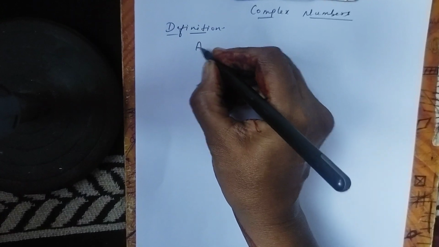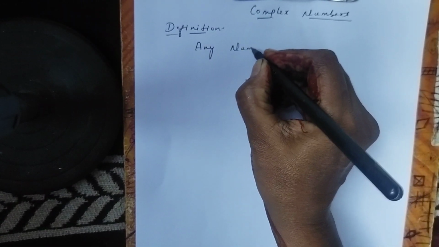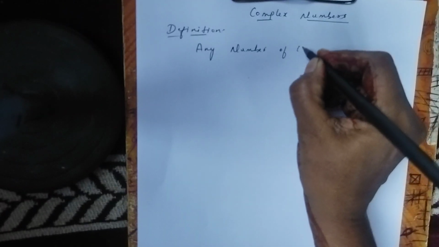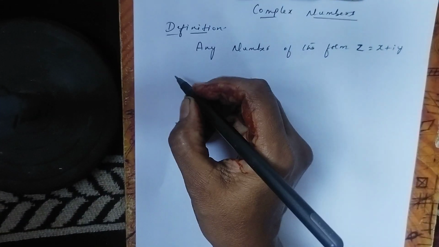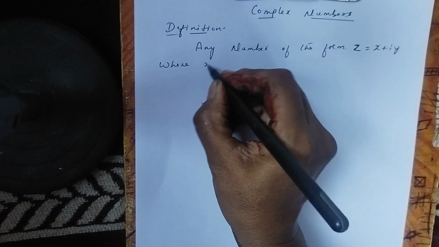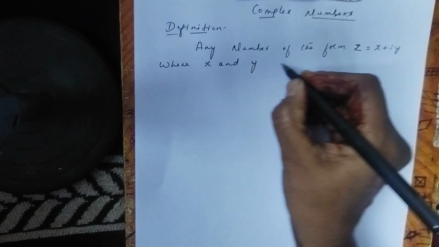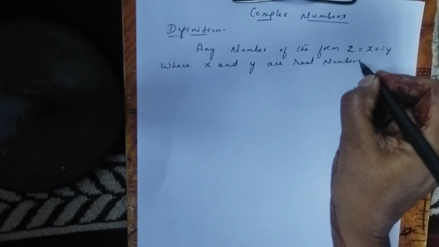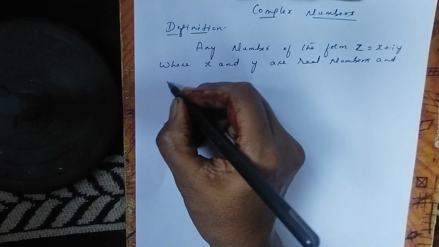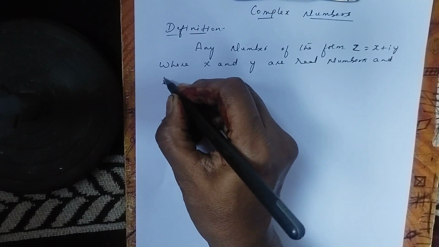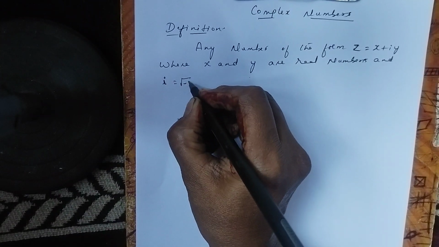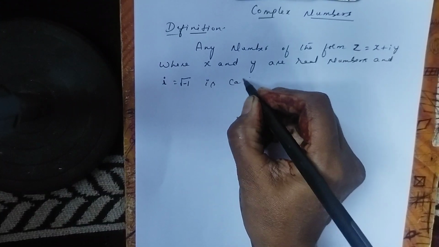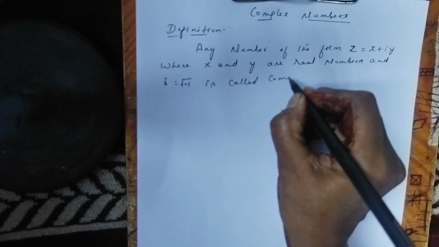Okay, any number of the form z = x + iy, where x and y are real numbers and i = √-1, is called a complex number.